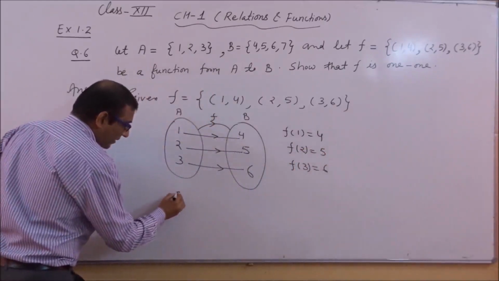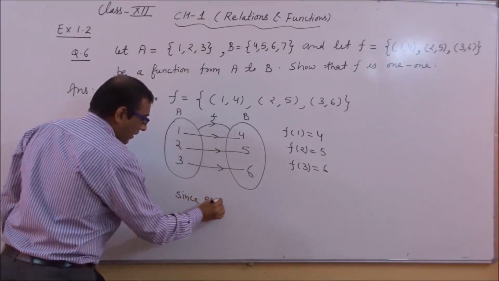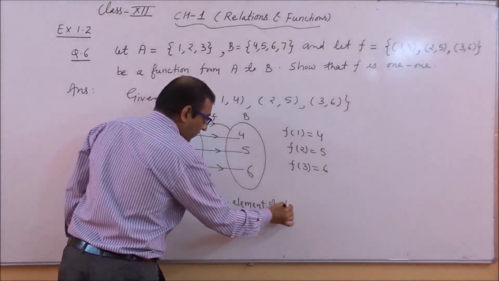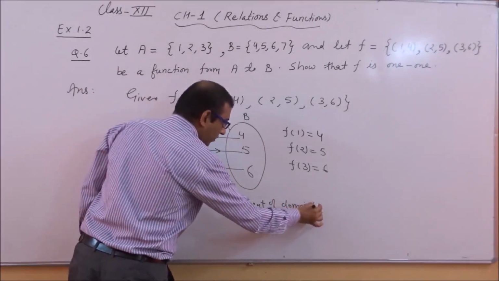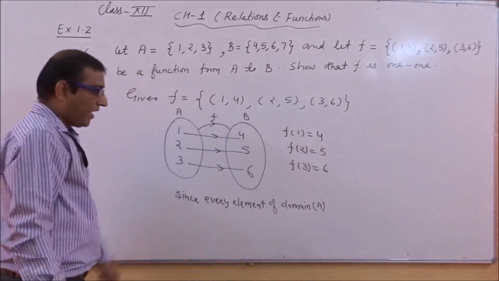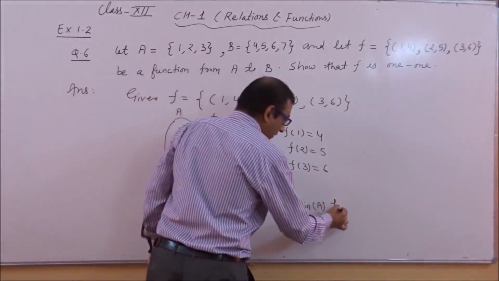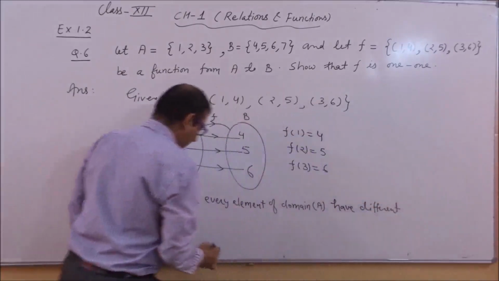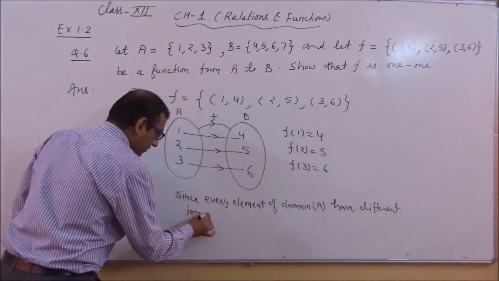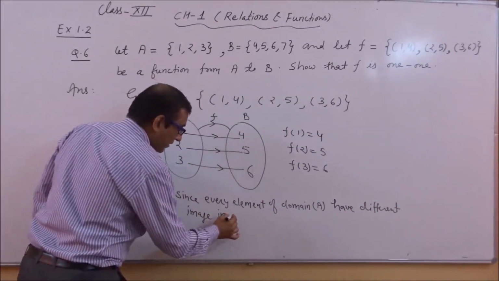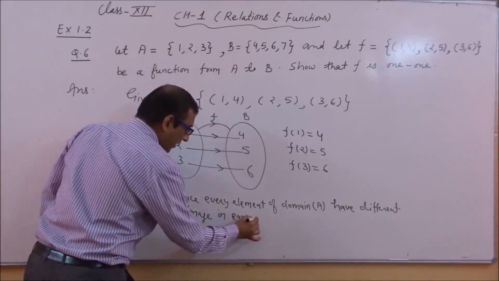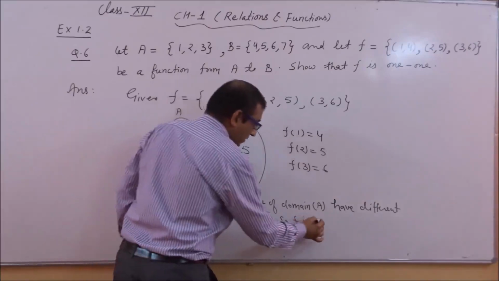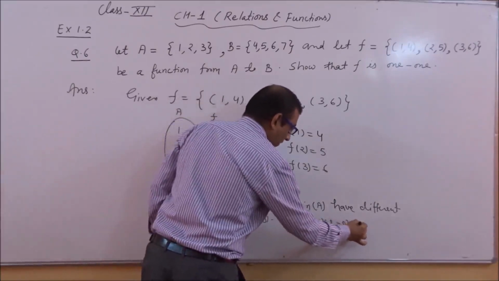So we can say here, since every element of domain, meaning A, has different images in the range, or you can say set B, so f is 1-1.